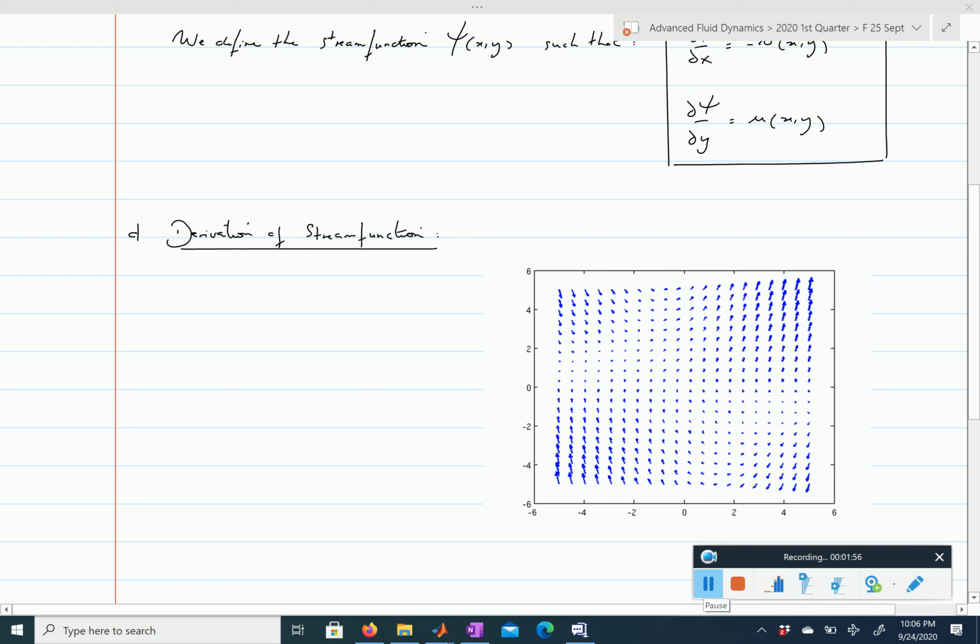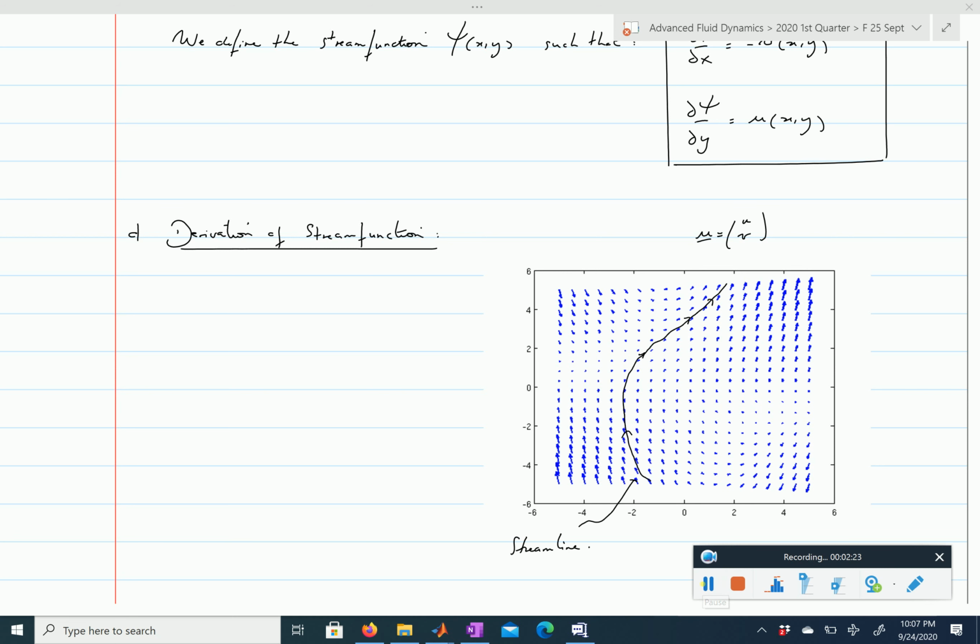So imagine this is our velocity field, and one streamline here might look like this. I'm trying to draw a line which is always tangent to the local velocity vector. So this here might be a streamline.